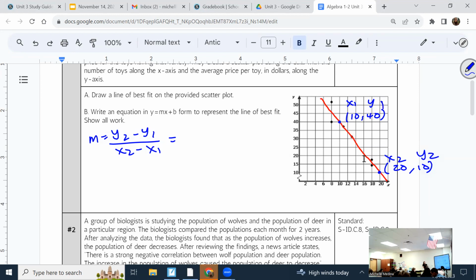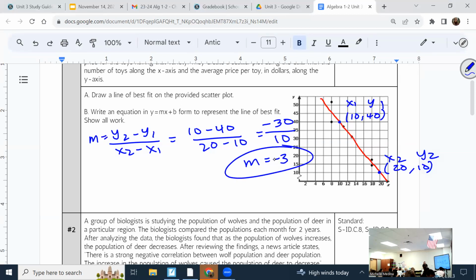The way that I just labeled it, it's 10 minus 40 over 20 minus 10. What's 10 minus 40? 30. What's 20 minus 10? 10. What's my slope? What's negative 30 divided by 10? Okay, good.